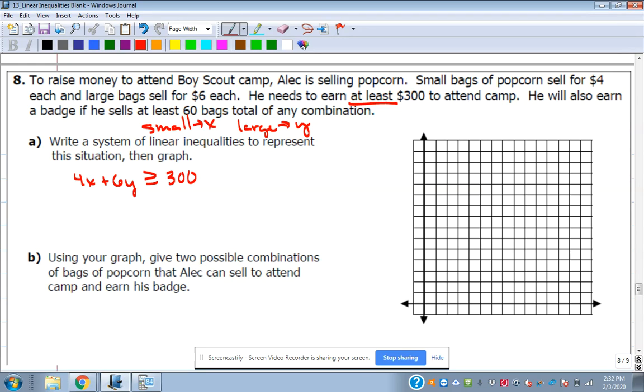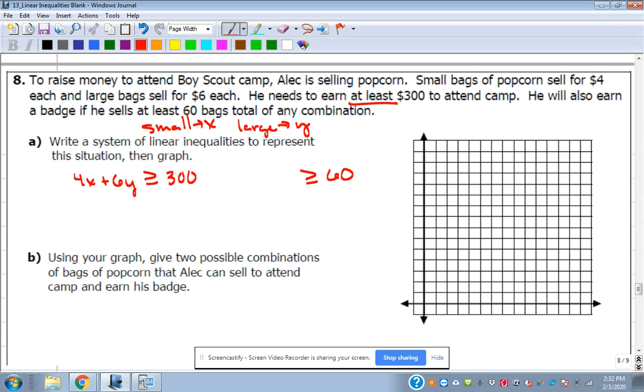The second inequality has to do with how many bags we've sold. We get a badge if we sell at least 60. So what would be our inequality for that? I know at least 60 is going to be greater than or equal to 60, right? We got that part. What's on the other side there? Any combination of bags.